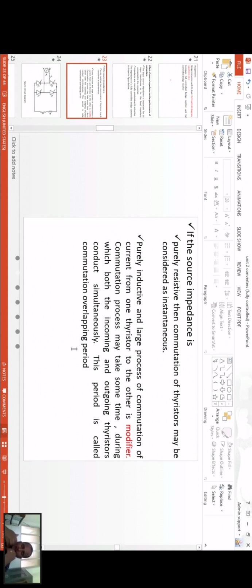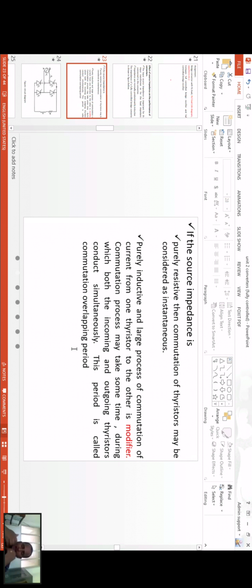Initially, we have to assume that the pair T3 and T4 is conducting, and that T1 and T2 are triggered at the firing angle alpha.